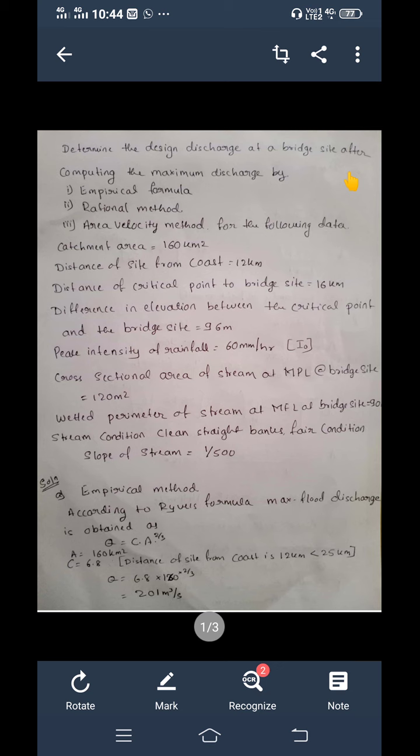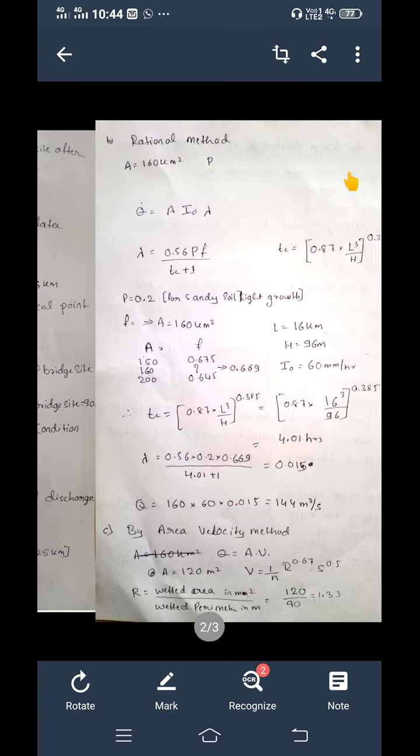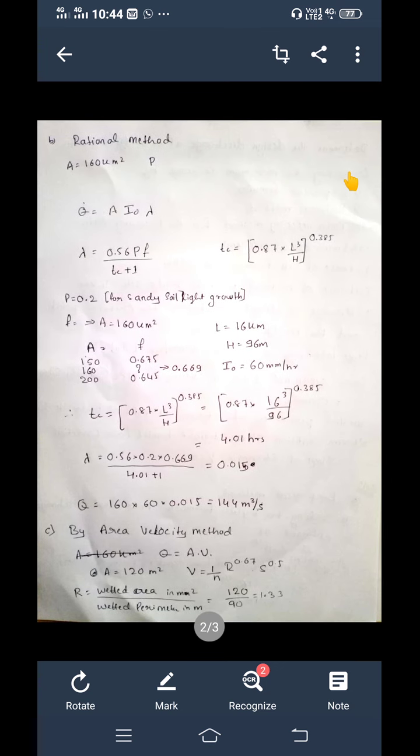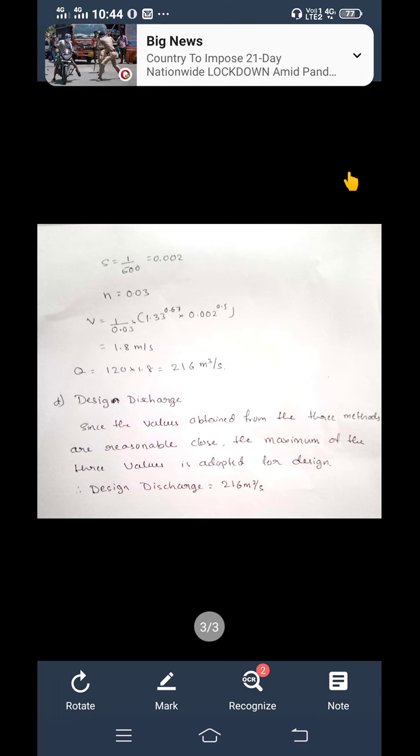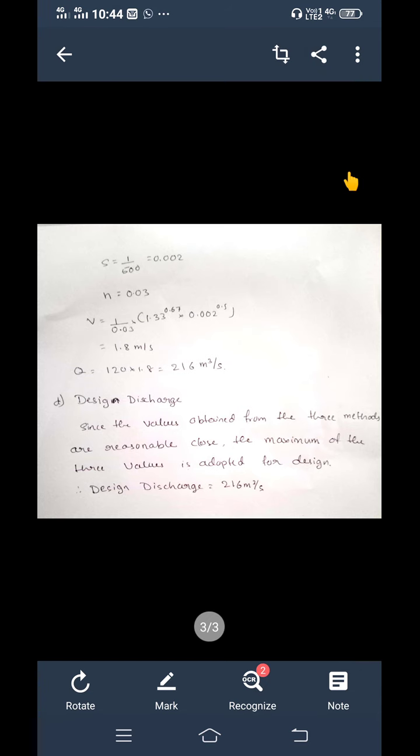Among the three methods, in the first one it is 201, in the second one it is 144, and in the third one it is 216 meter cube per second. Among all these three, the maximum is with the area velocity method, so we consider the design discharge equal to 216 meter cube per second. Okay, thank you.